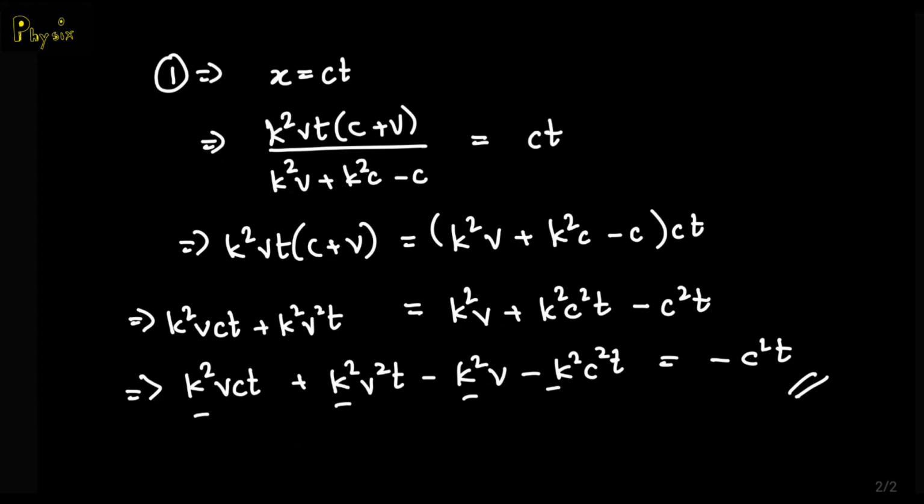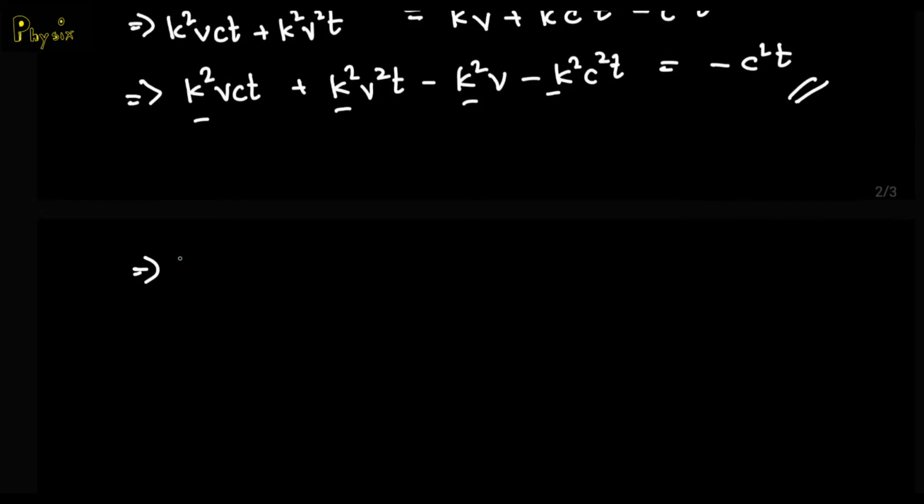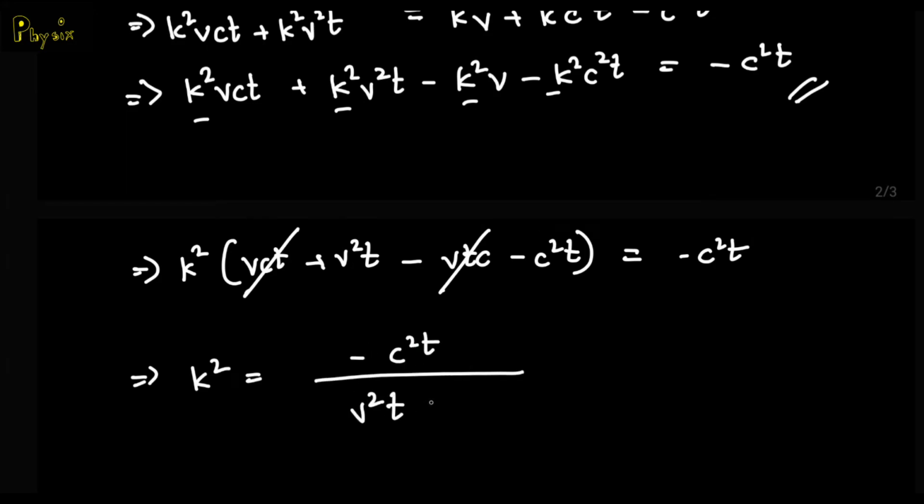Now, by further simplification, we can get that this equation over here that is above can be set to be this. And as you can see over here, these tc's cancel each other off, and we could say that k squared is basically minus c squared t over v squared t minus c squared t.